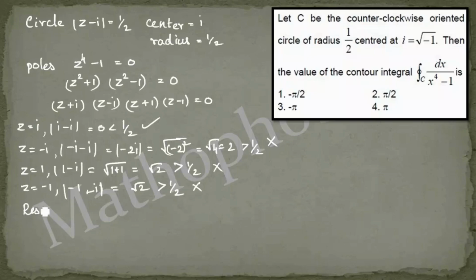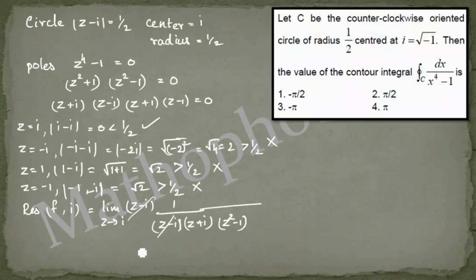So residue of f at i will be equal to limit z tends to i of (z minus i) times 1 by (z minus i)(z plus i)(z square minus 1).